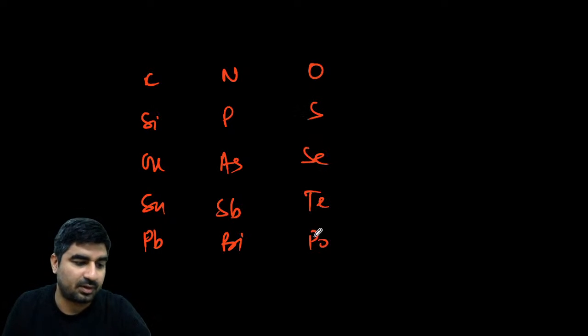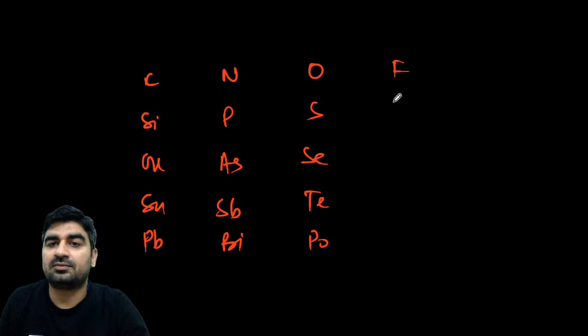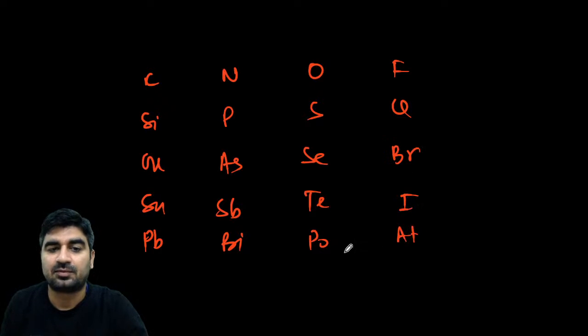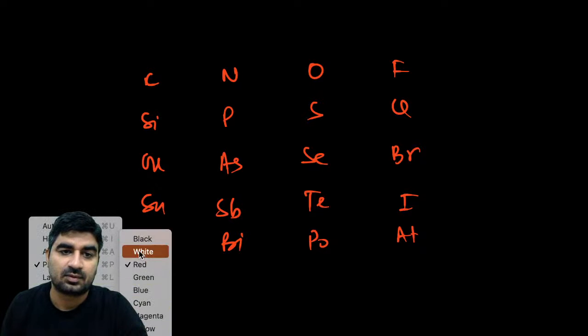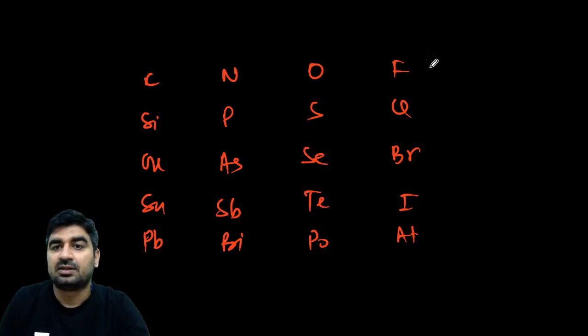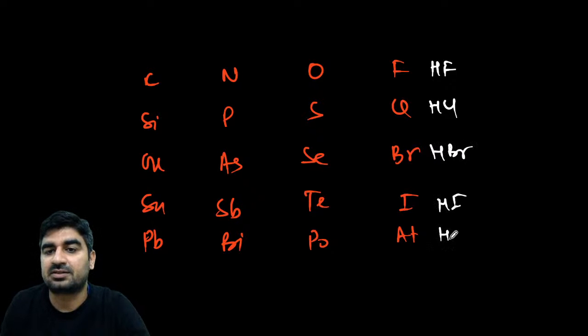I hope guys you got it. Similarly, we have fluorine, chlorine, bromine, iodine, and astatine. Why am I taking these? In this case, it will be forming HF, HCl, HBr, HI, and HAt.